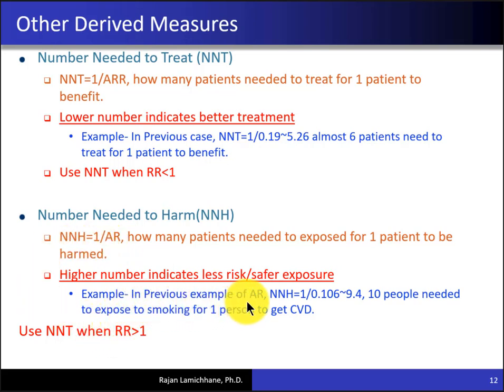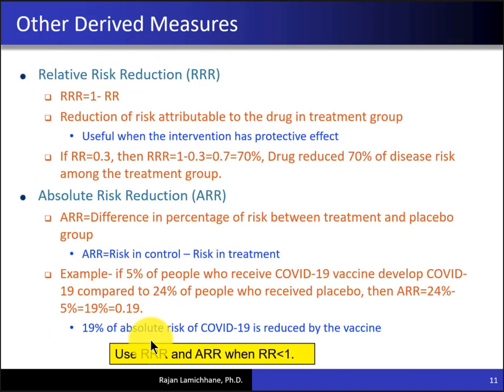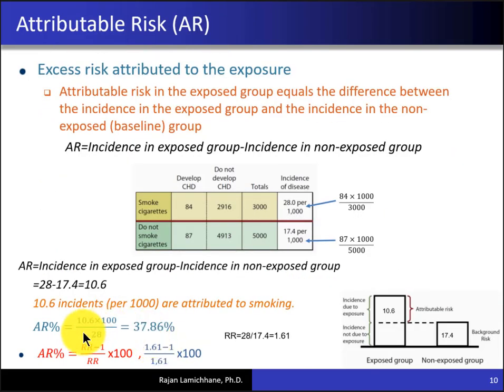For example, in the previous example of attributable risk, if you go back here, we have attributable risk 0.10, okay, 10.6 in terms of, this is for 1000. If you convert this into 1%, it will be 0.10.